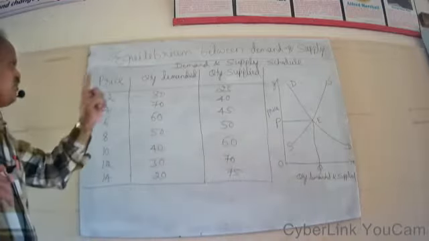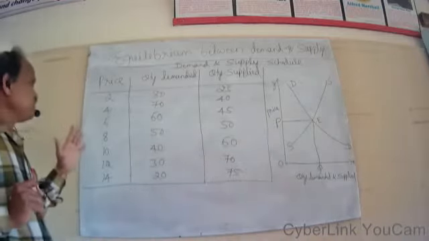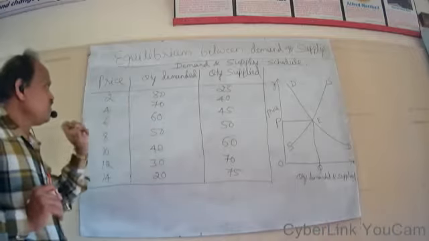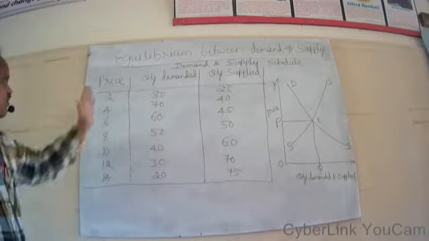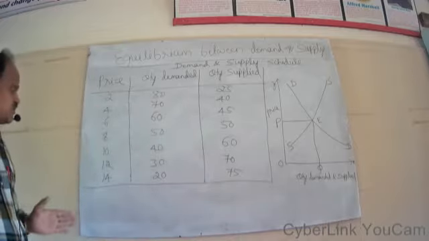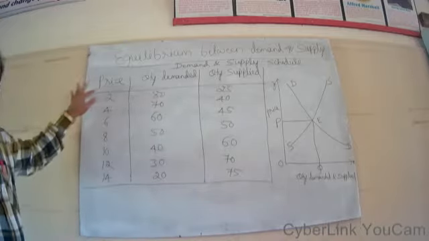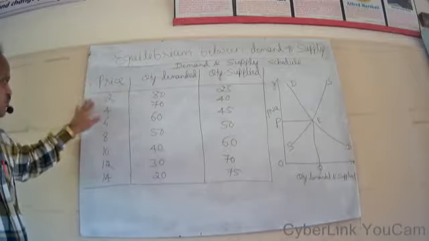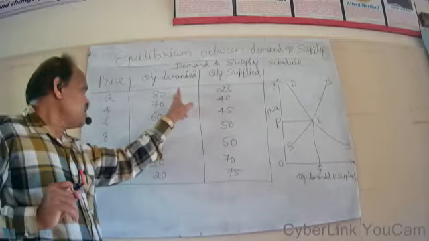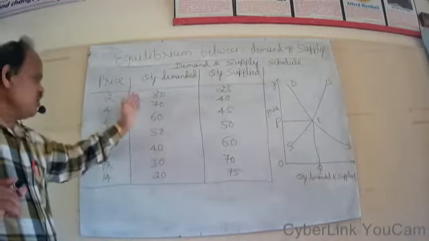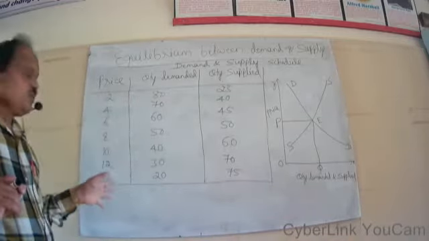So this demand and supply schedule shows different levels of quantity demanded and quantity supplied at various levels of prices. So here the first column, price 2, 4, 6, 8, 10, 12, 14, and quantity demanded will go on contracting.